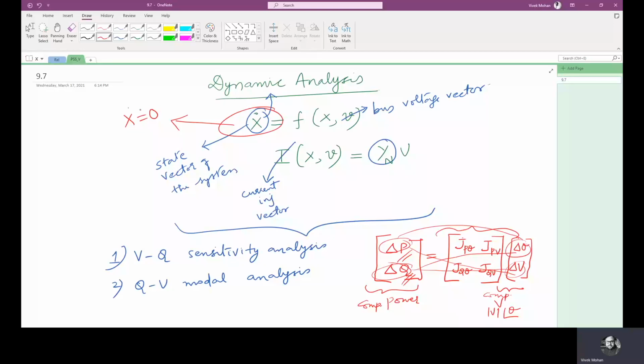So when we had drawn this QV curve, we assumed active power to be constant. Then we vary only Q and accordingly V, right?